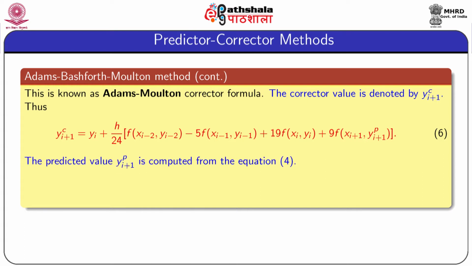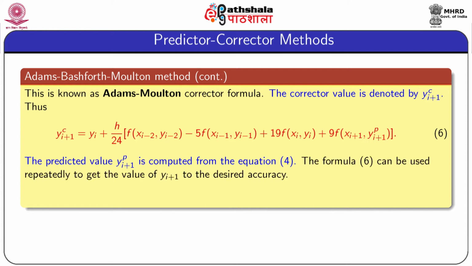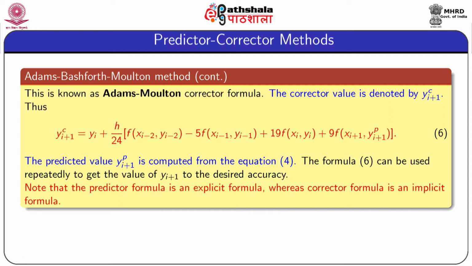The value of y_{i+1}^p is computed from equation 4, and equation 6 can be used repeatedly to get the value of y_{i+1} to the desired accuracy. Note that the predictor formula is explicit, whereas the corrector formula is implicit. This is a very important issue of the predictor-corrector formula.